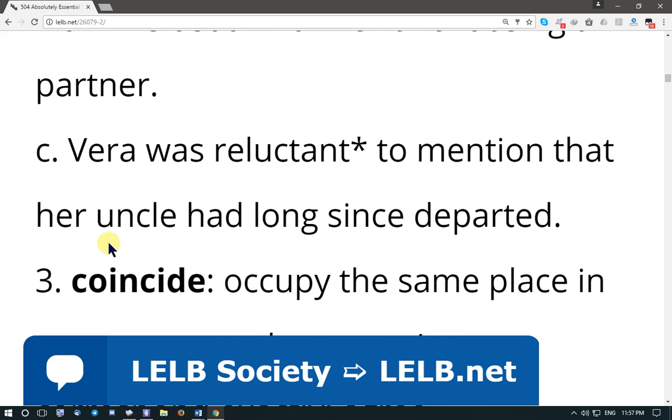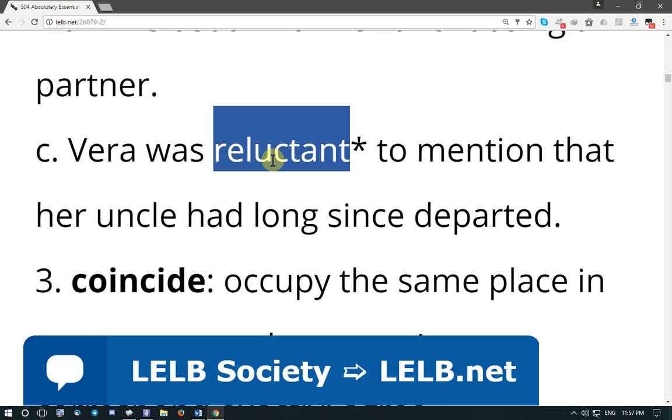Sentence C. Vera was reluctant to mention that her uncle had long since departed. She was reluctant or unwilling. She didn't like to do something. And to do what? To mention that her uncle had long since departed, that her uncle had already passed away or died actually so much time ago.